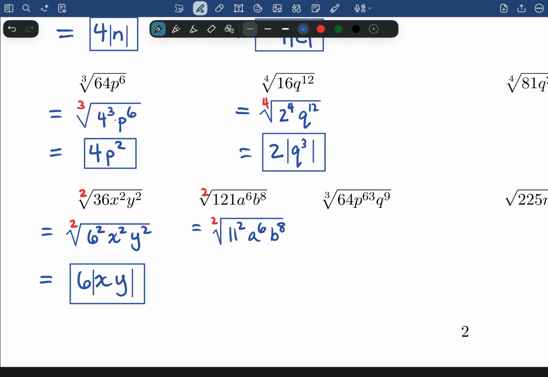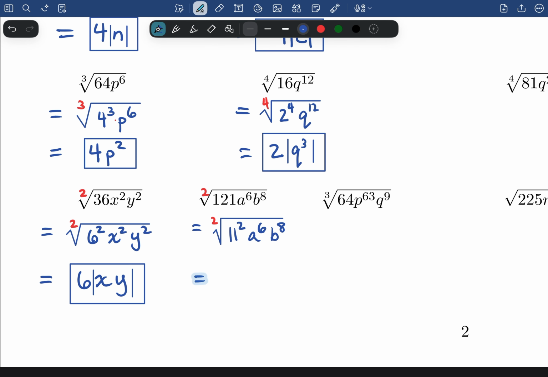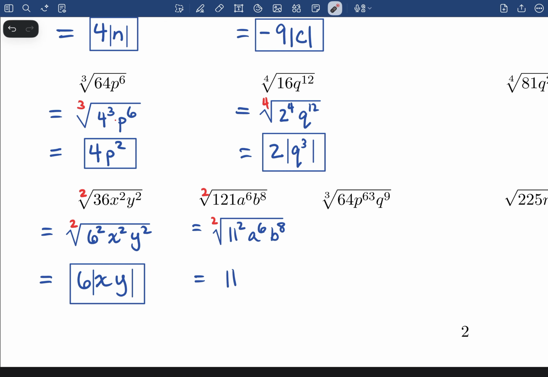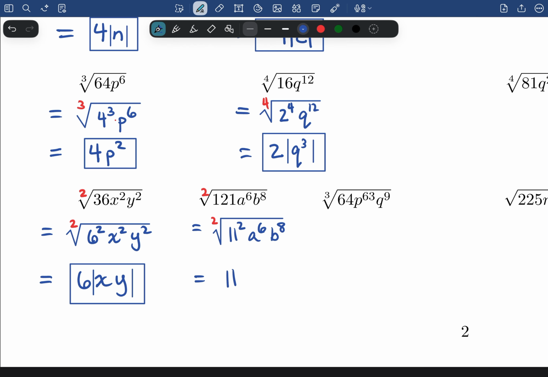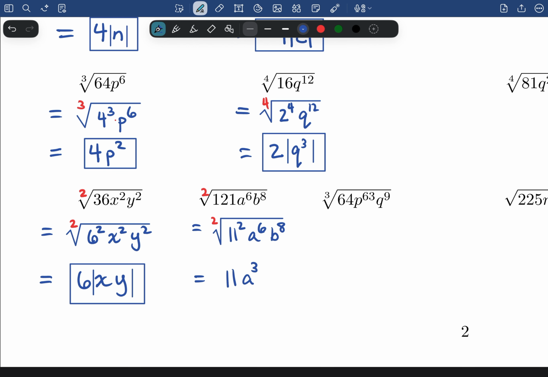And now let's go ahead and simplify all of this because the square root of 11 squared is just 11. And the square root of a to the 6th is a cubed because 6 divided by 2 is 3. And then the square root of b to the 8th, well, that's b to the 4th because 8 divided by 2 is 4. So that's b to the 4th.